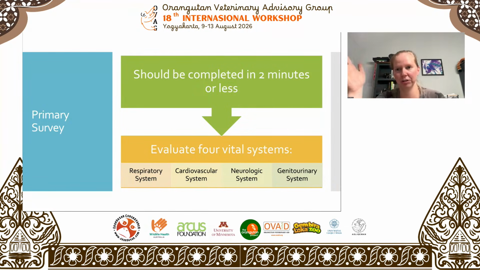But in general, if the animal is super injured or super compromised and we're just running up to them unanesthetized, we would monitor their breathing, see if we see any abnormalities with how they're breathing, and whether we need to intervene right away to try and improve their breathing.